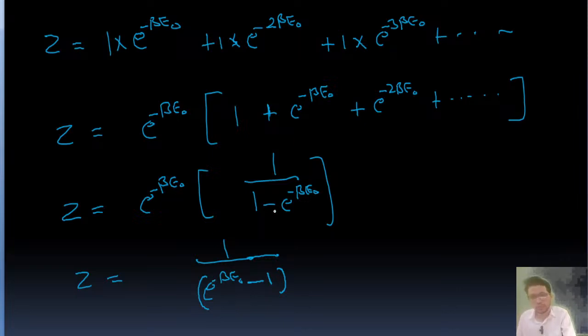So this is going to be e to the power beta E naught minus 1. Okay, so this is the partition function, guys. Partition function.